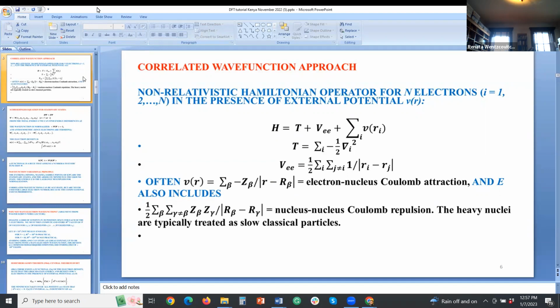Typically, we add another term to the energy, which is the nucleus-nucleus Coulomb repulsion. But this we don't normally treat as an operator because the heavy nuclei are typically treated in density functional theory as slow-moving classical particles or even as particles at rest.